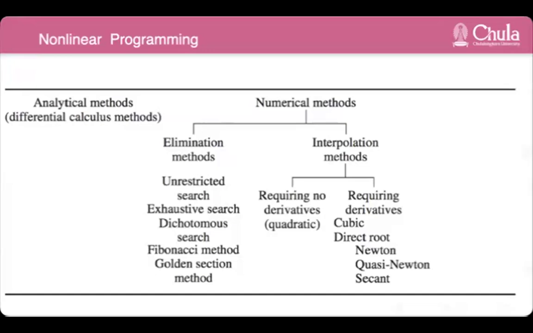The algorithms to find the step size, we can broadly distinguish into two types. The first one is the elimination method. And the second one is the interpolation method. For the elimination method, of course, it's very simple. Actually, we don't need a gradient or derivative, anything.